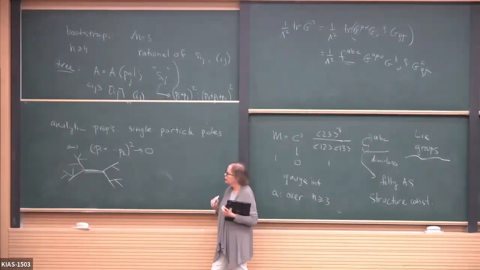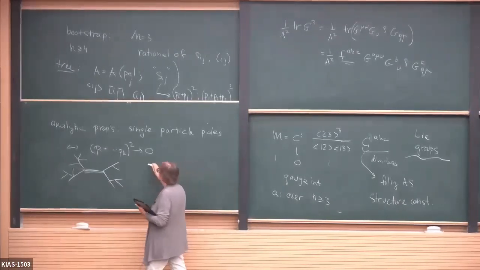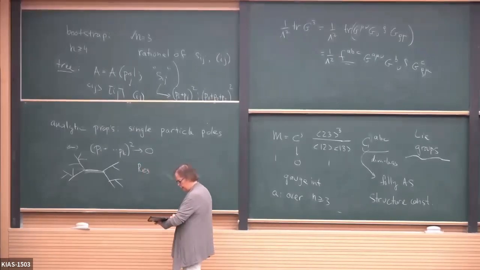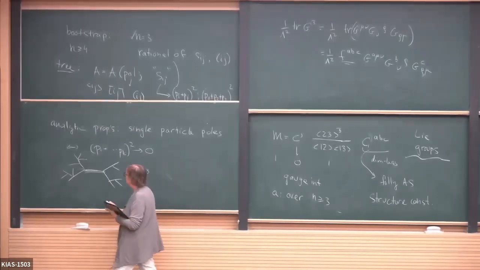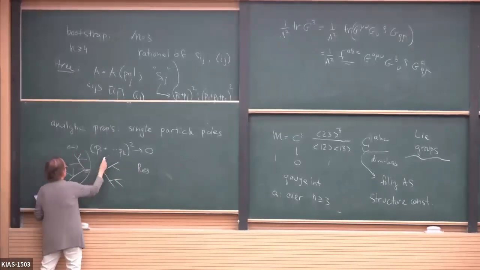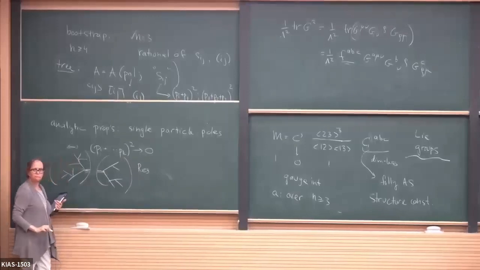And I also know that the residue of the pole should be equal to the product of the amplitude that sits here and the amplitude that sits here.